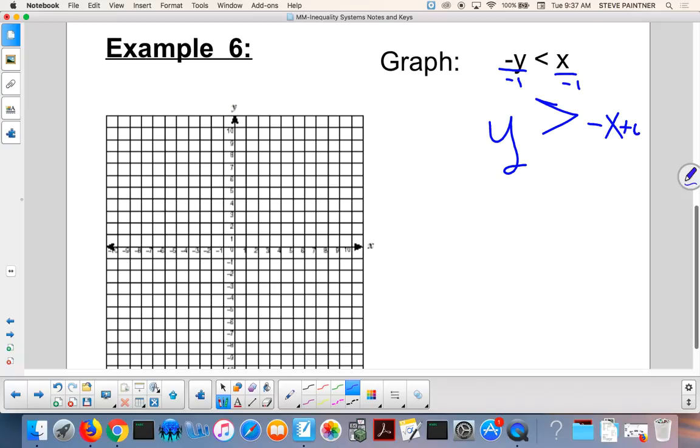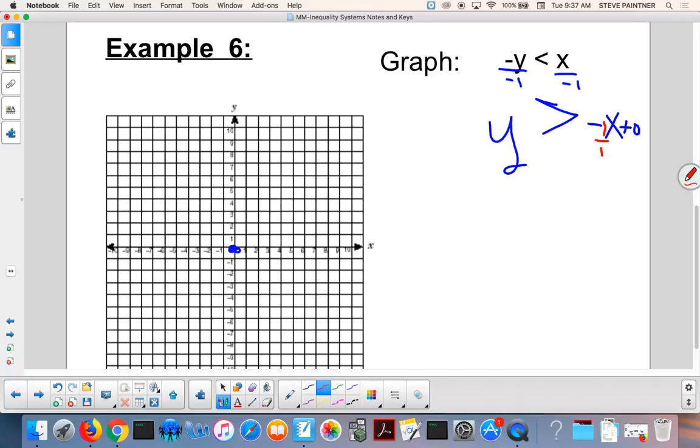Plus 0. You guys, the y-intercept is 0. What's the slope in this one? It's -1 over 1, which means what?